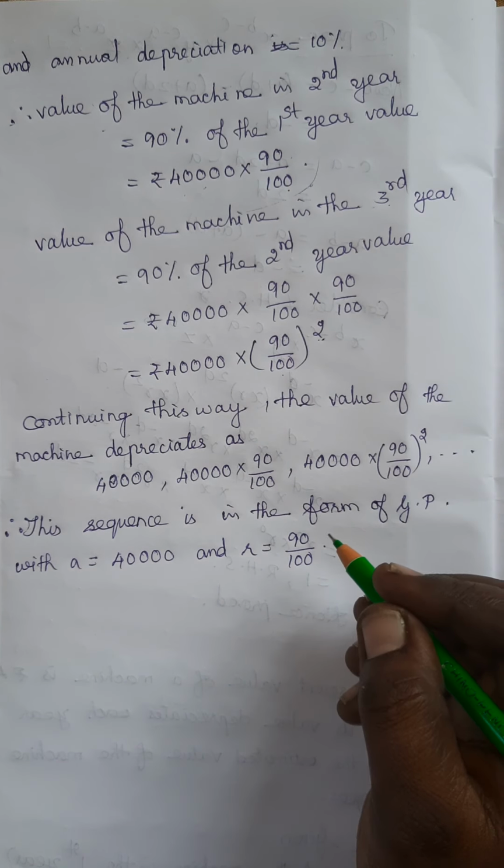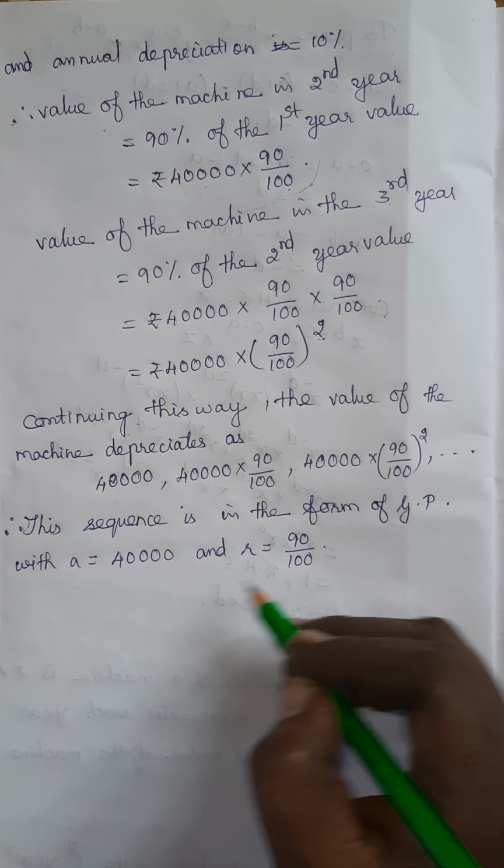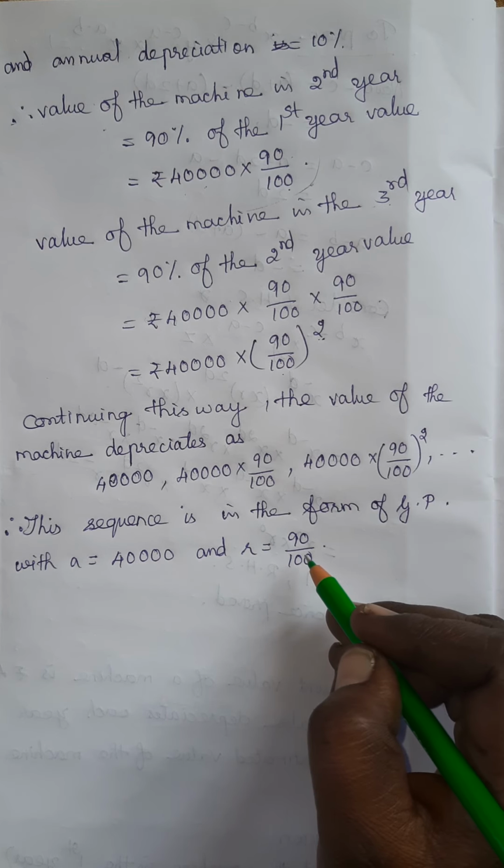So we got the geometric progression with the first term 40,000 and common ratio 90 by 100.